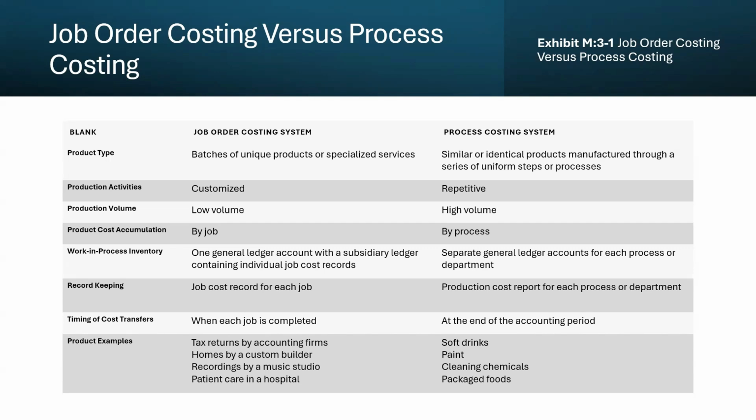Costs are transferred to finished goods inventory when the jobs are completed. Process costing, on the other hand, maintains separate work in process inventory accounts for each process or department.